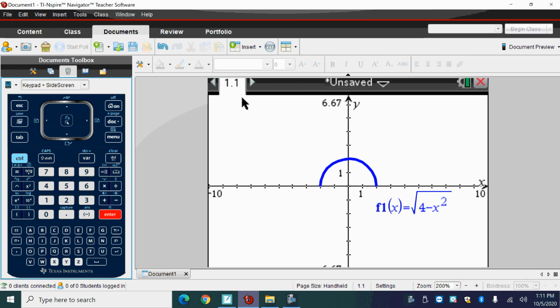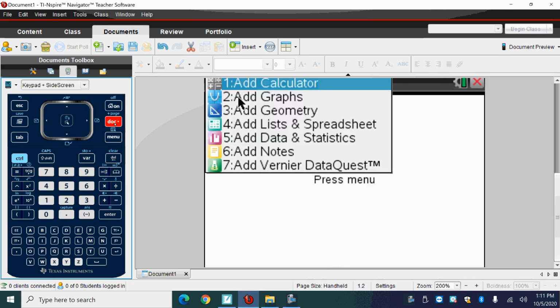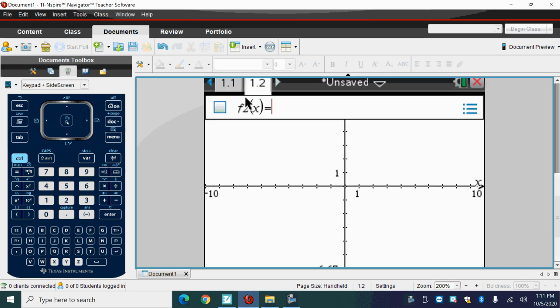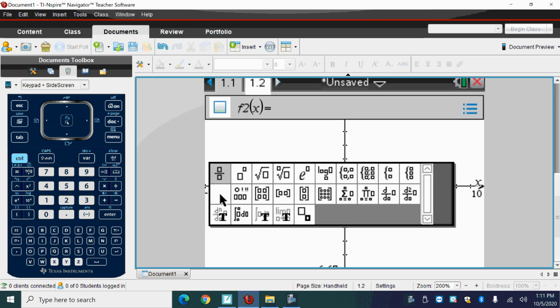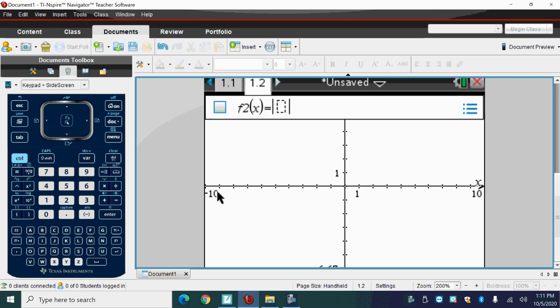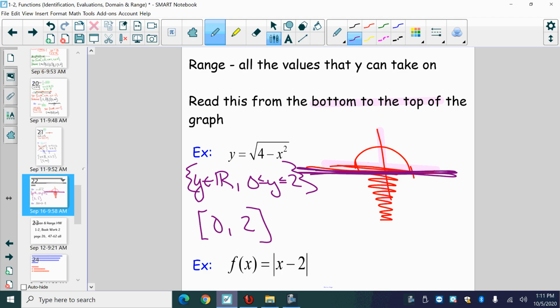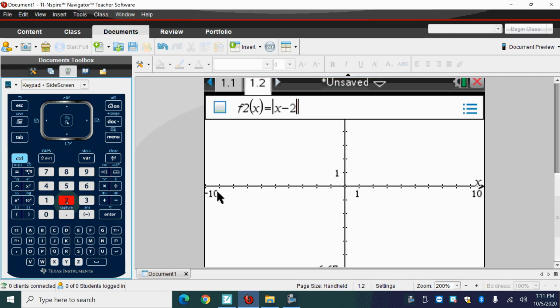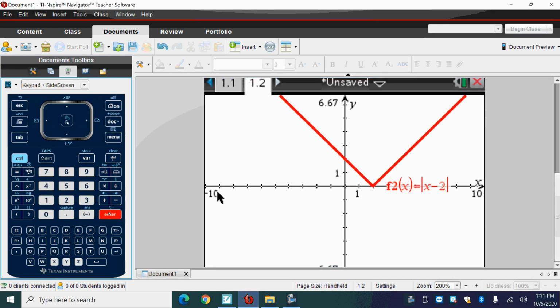So let's graph the next one. I'm going to hit Control Doc to have a new graphs page, and I'm going to have the absolute value of x minus 2, and hit enter. So again, when do I run into this graph? I run into this graph at what height?